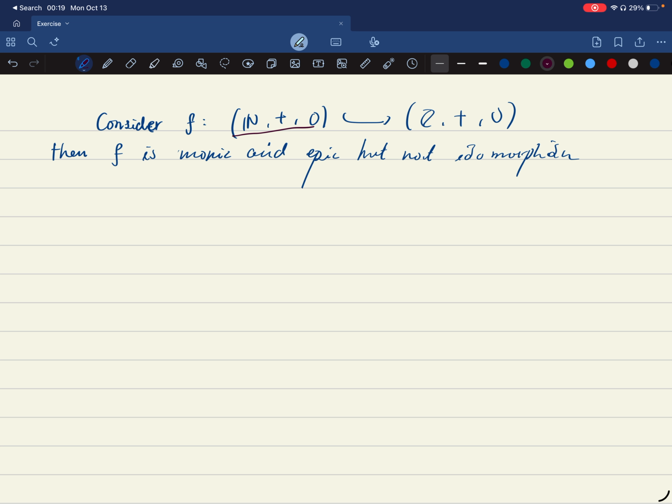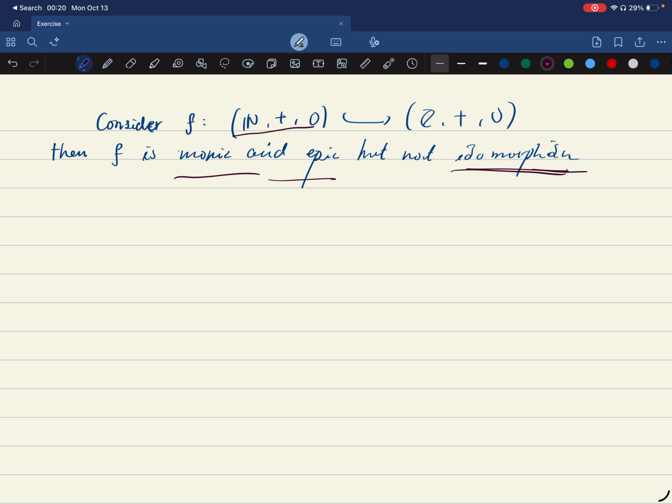We're actually showing a very classic result. So, a function, a mapping, that is both mono and epi is not necessarily an isomorphism.